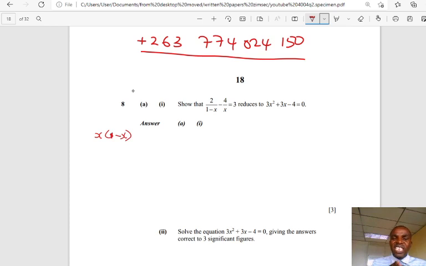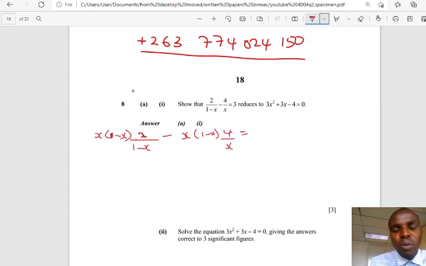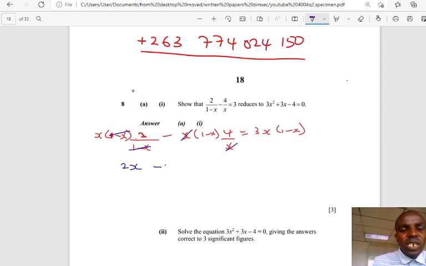So you multiply everything by this. You multiply 2 over 1 minus x by x(1 minus x), you multiply 4 over x by x(1 minus x), and you also multiply 3 by x(1 minus x). Then we cancel out: the 1 minus x cancels, and you're left with 2x minus, then the x cancels, and we're left with 4(1 minus x).